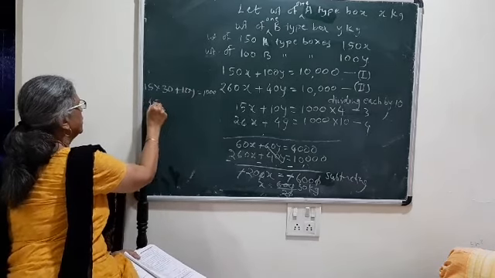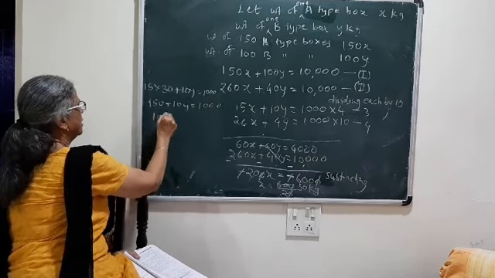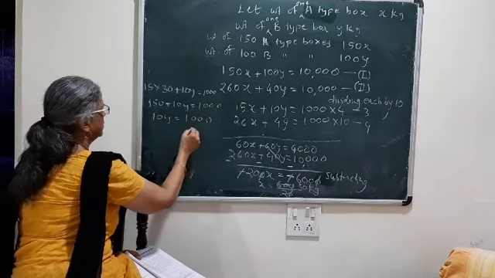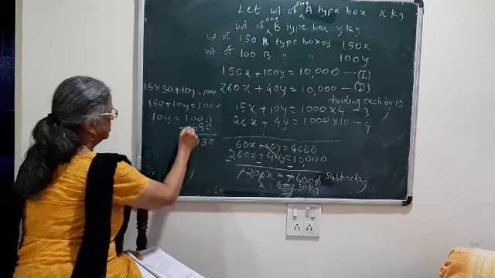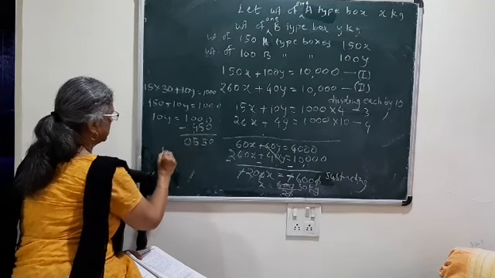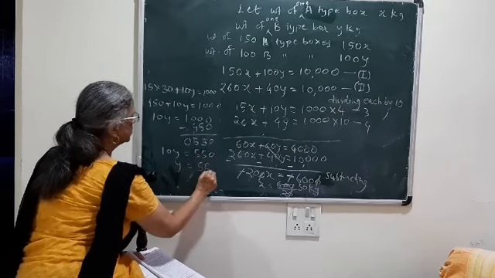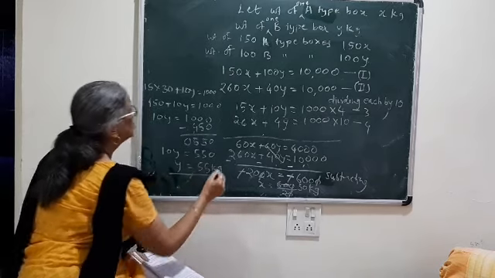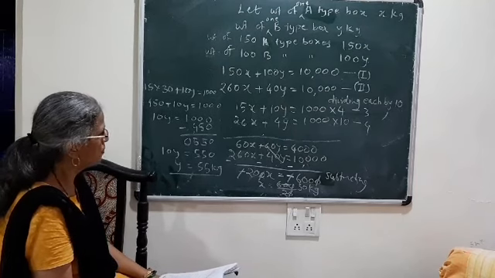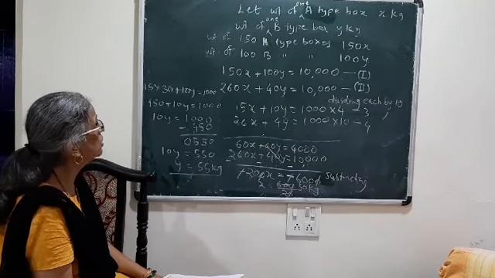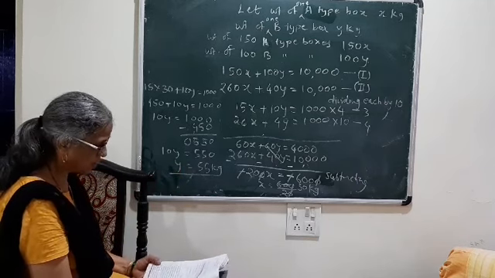So it will be 450 plus 10y equal to 1000. 10y is equal to 1000 minus 450. So that will be 550. So 10y is equal to 550. So y equal to 55 kg. So your answer in statement will be the weight of one A type box is 30 kg and weight of one B type box is 55 kg. That is how you can solve this fifth sum.